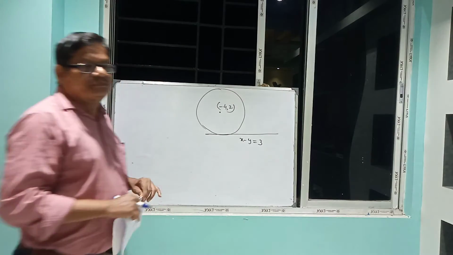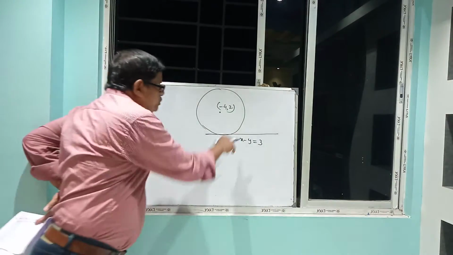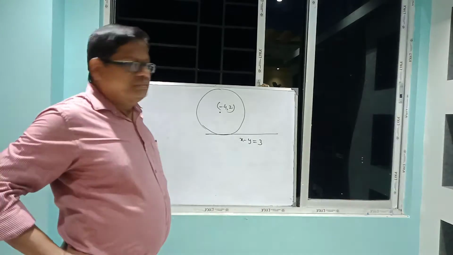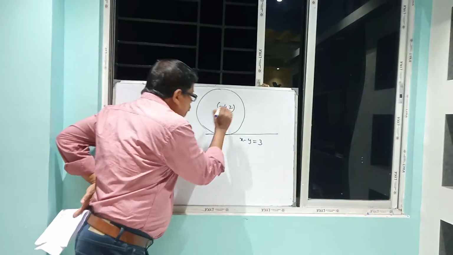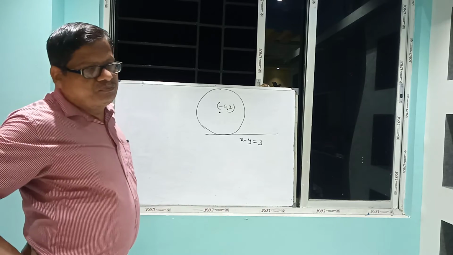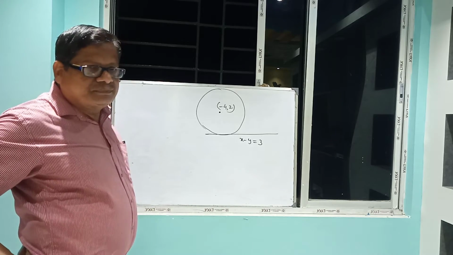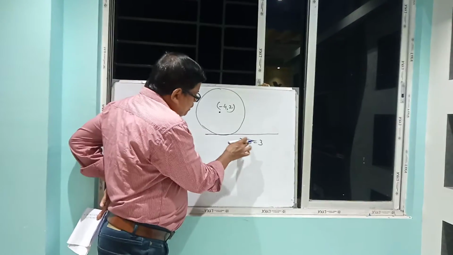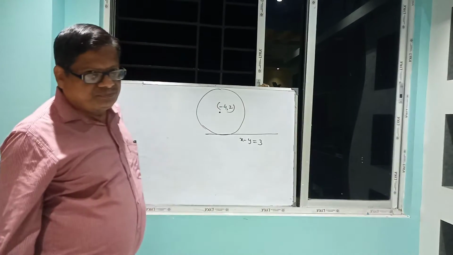This is given. Find the equation of a circle. The center is given as minus 4 comma 2, and the circle touches the line x minus y equal to 3.